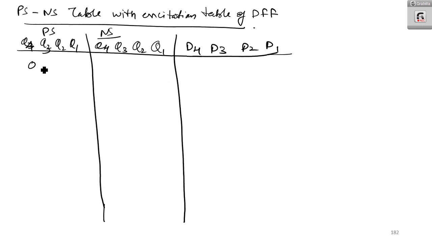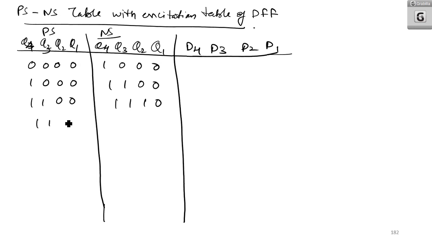Now, if the present state is 0, 0, 0, 0, it will go to 1, 0, 0, 0. If it is 1, 0, 0, 0, it will go to 1, 1, 0, 0. If it is 1, 1, 0, 0, it will go to 1, 1, 1, 0. If it is 1, 1, 1, 0, it will go to 1, 1, 1, 1. If it is 1, 1, 1, 1, it will go to 0, 1, 1, 1.